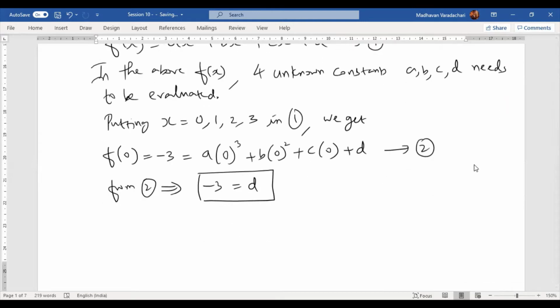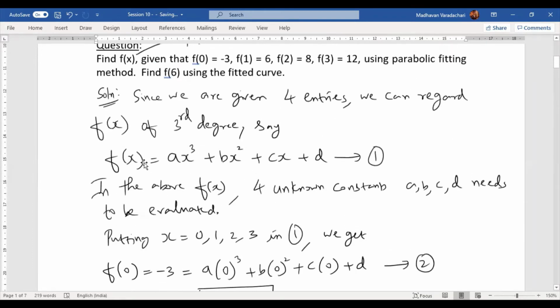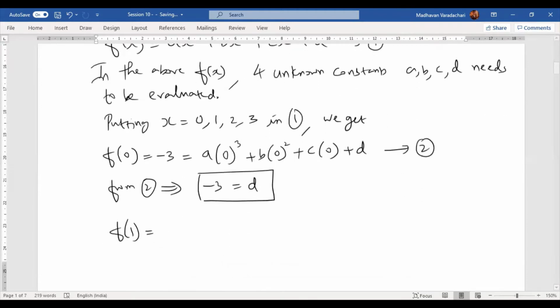Now putting x is equal to 1, what will happen? F of 1. I'm going to put x as 1. So this will become a into 1 cube plus b into 1 square plus c into 1 plus d. D value is known, it is -3.